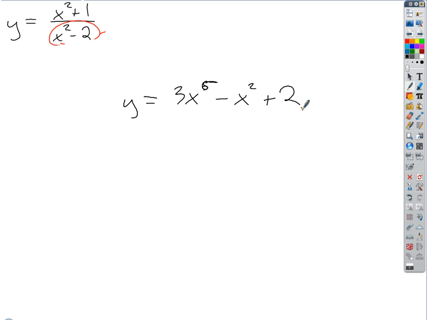Okay, what about this one? Is that a 6? That's a 6. Even symmetry. It's even because all the exponents are even, but what's the exponent of that one? Nothing. 0. It's 0, because there's an invisible x to the 0 there. What's x to the 0? 1. Okay, so that's even, isn't it? Yes. How about this?